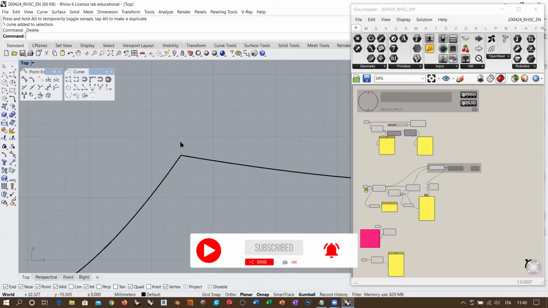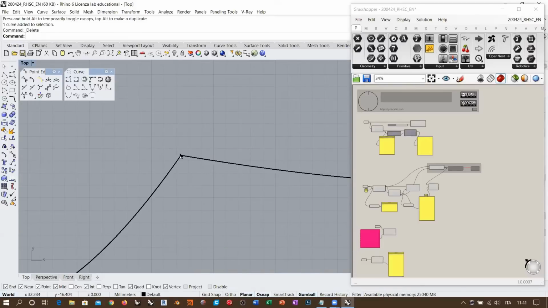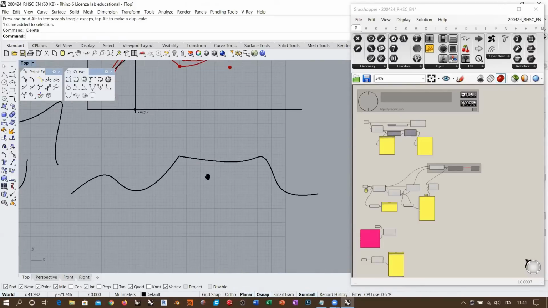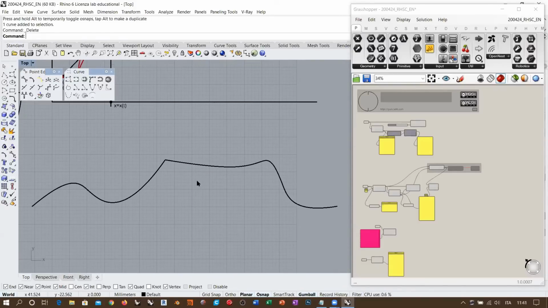Okay, so we have a problem here, because G1 continuity might be enough for a whole bunch of applications. Normally, for example, G1 continuity is more than enough for architectural design, because in architectural design, it's very unlikely that you have sudden change of direction in your surfaces or your lines, because you're working at a large scale.